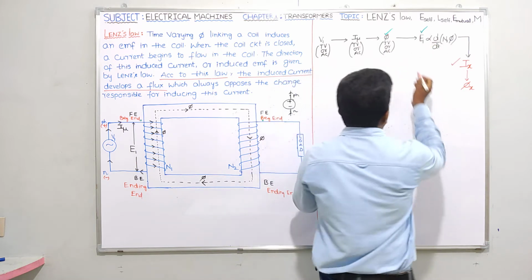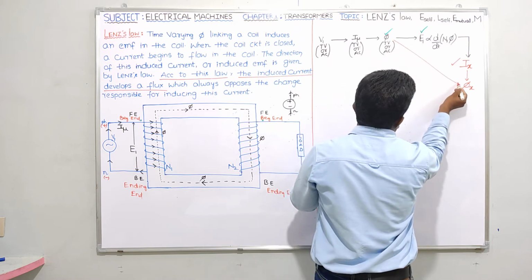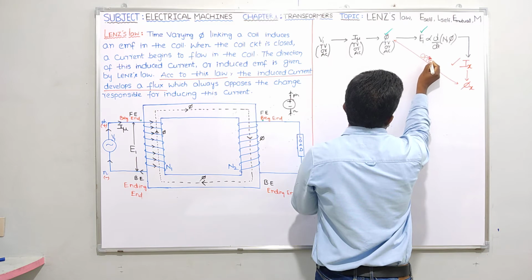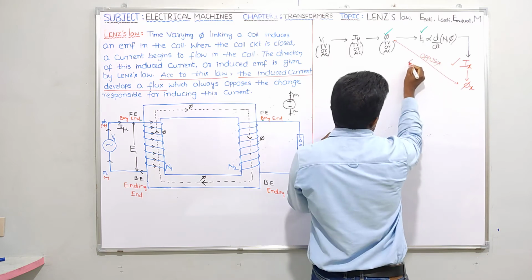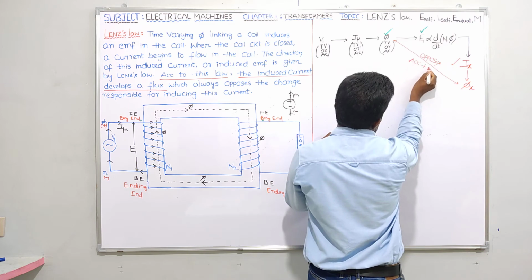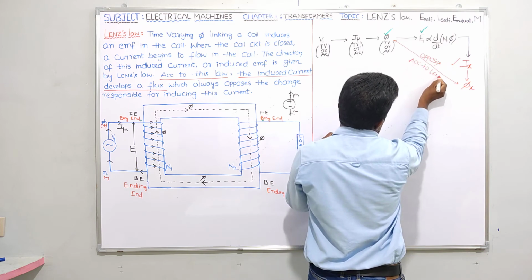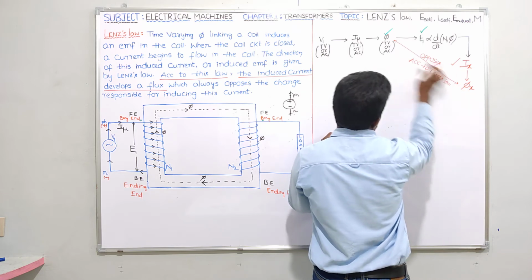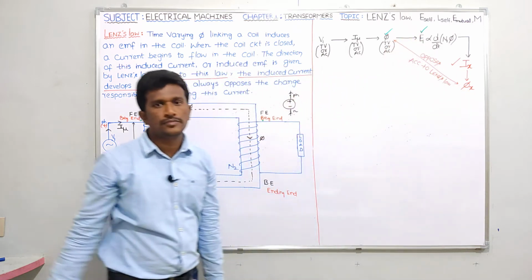I can write here, this phi and this phi x oppose each other. Is it clear guys? According to Lenz law, yes, this phi x opposes this phi.